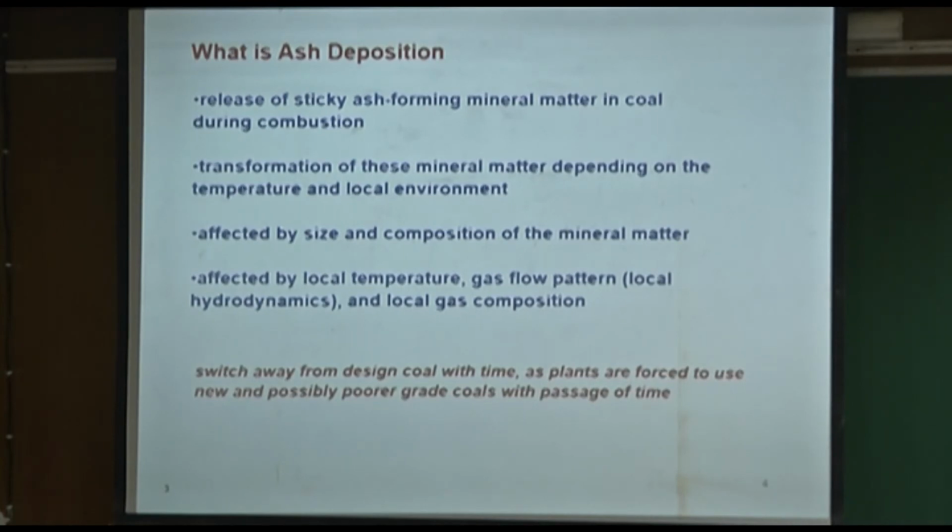So the mineral matters transform from amorphous compounds to crystalline compounds. They develop low temperature eutectics and all sorts of things. They are also affected by the size and the composition of the mineral matter in the first place.